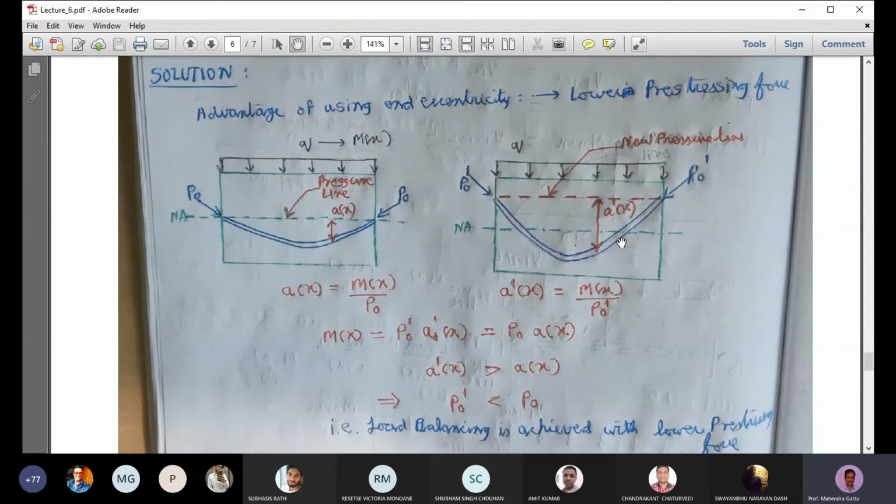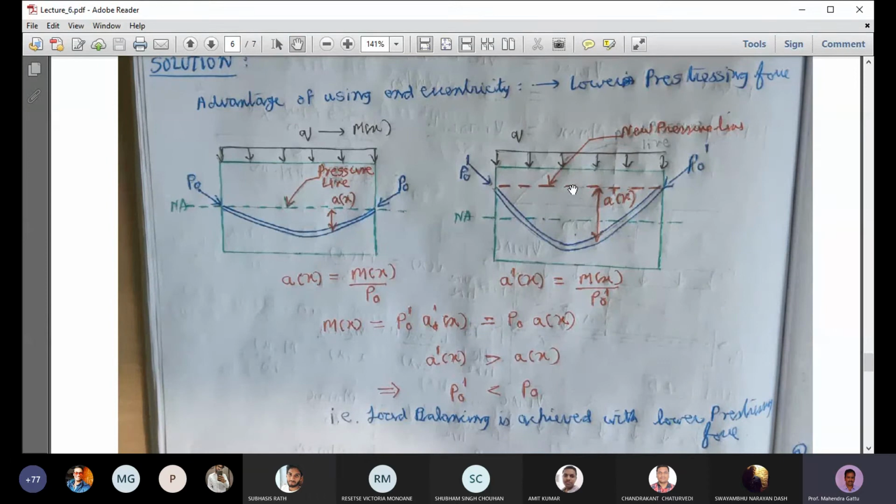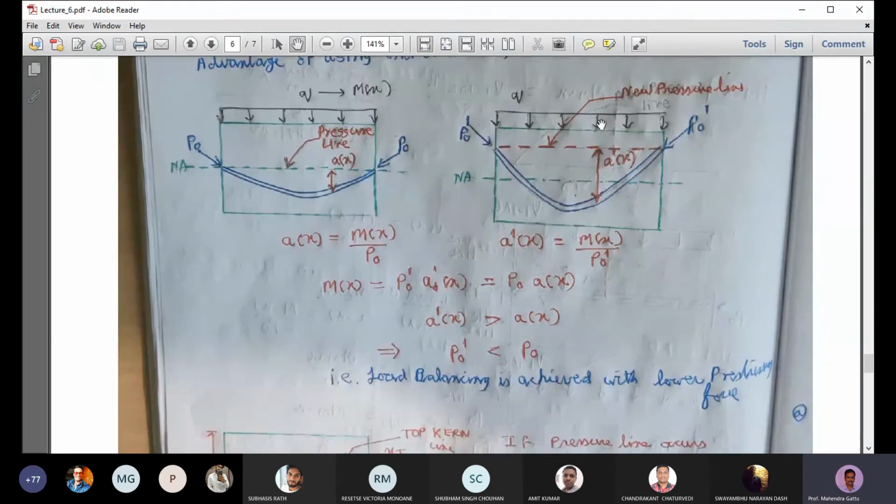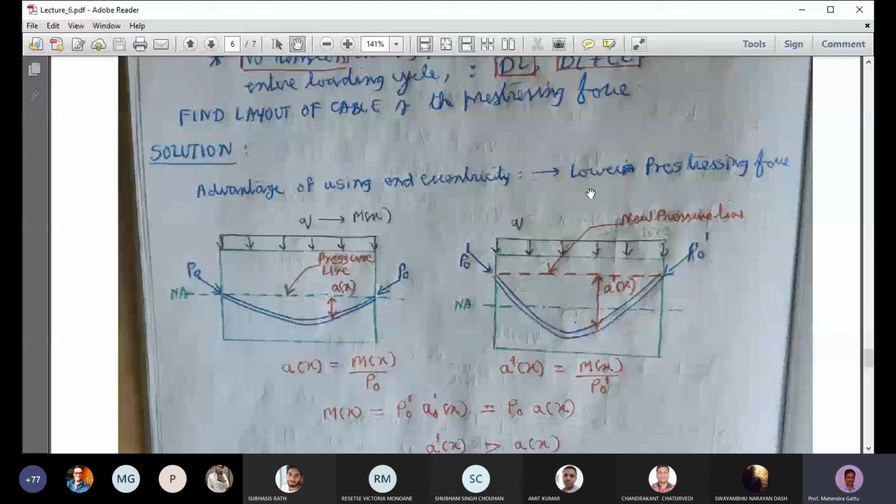Okay, so you can imagine this to be an arch kind of structure, and the same concept will apply. The support reactions will be high for a shallow arch, and for a steep arch, the support reactions will be less. So we can provide a lower pre-stressing force here and achieve the force balance, that is the load balancing. So this is the advantage of using the end eccentricity.